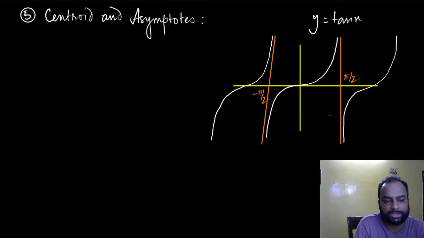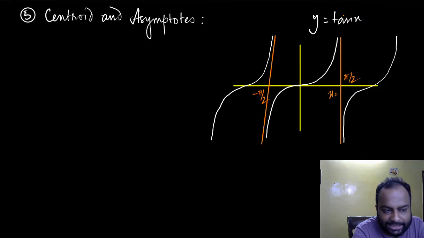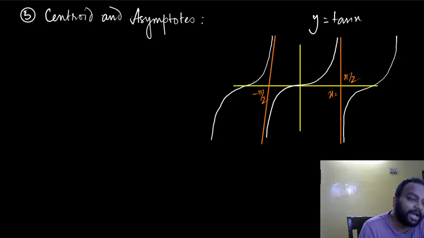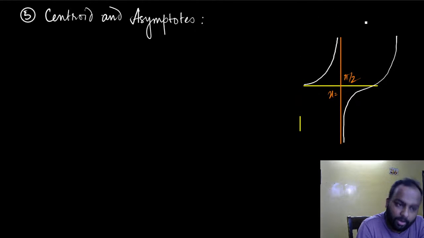These are all asymptotes: x equal to pi by 2, x equal to minus pi by 2, x equal to 3 pi by 2, and so on. These are asymptotes of tan x. If you draw them up to infinity along the y-axis, these vertical lines are tangents, not at a finite point, but tangents at infinity. So this is something you have to understand, rather remember. You studied this in school, hopefully.